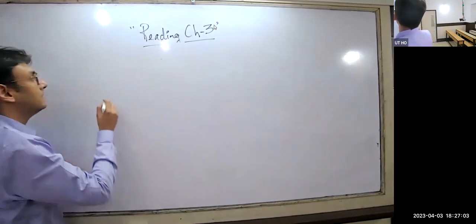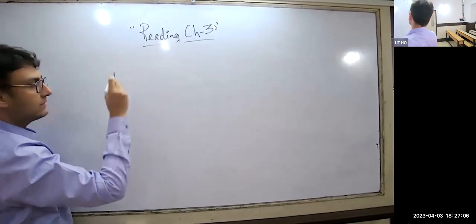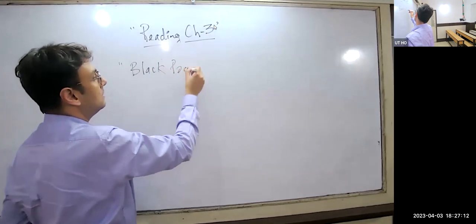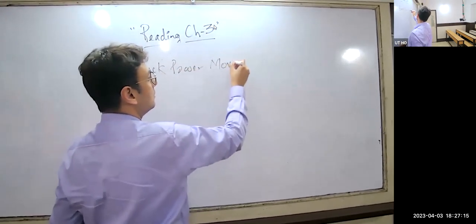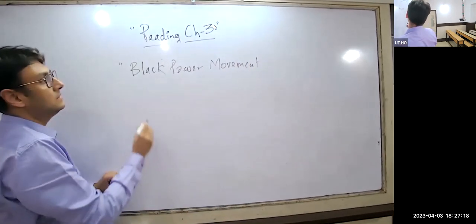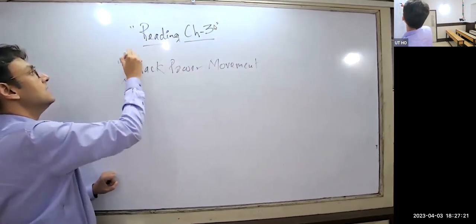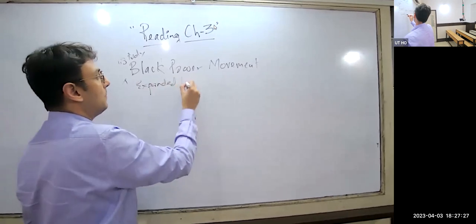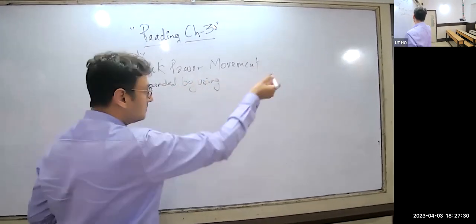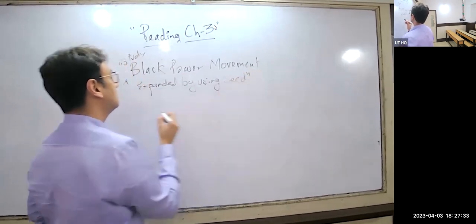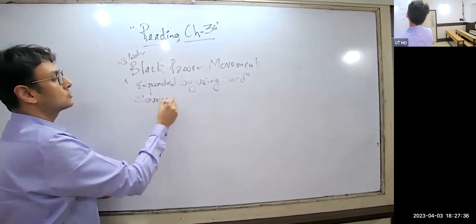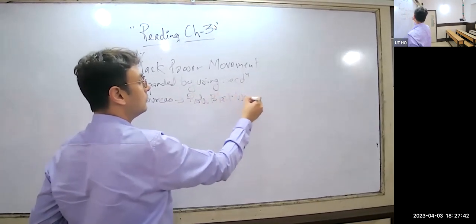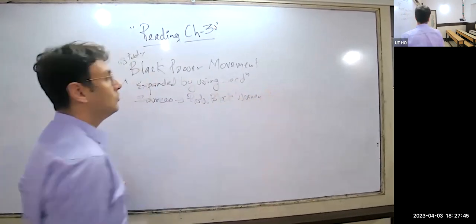I would say that the scholar or the researcher, whoever she is, is saying that the study on the Black Power movement should be expanded by using more secondary sources so that we understand the role of Black women in these movements.